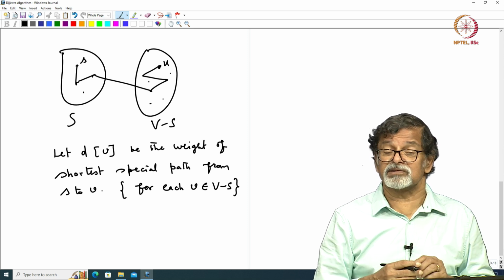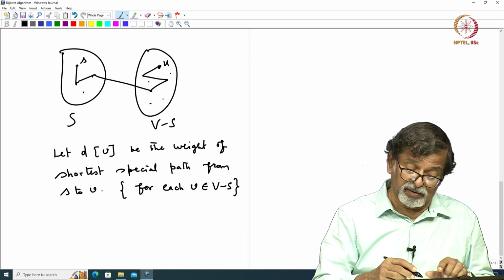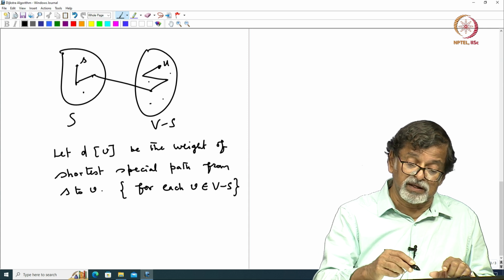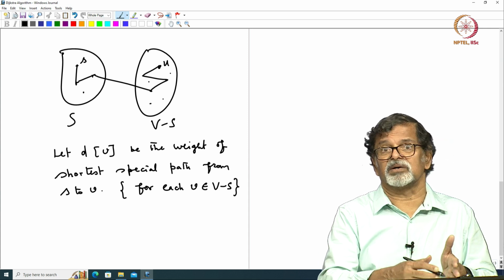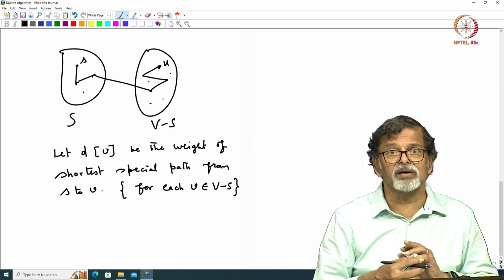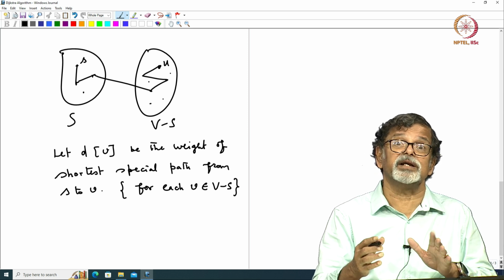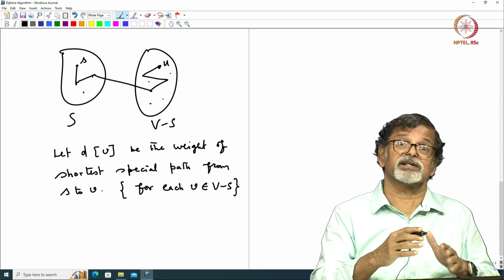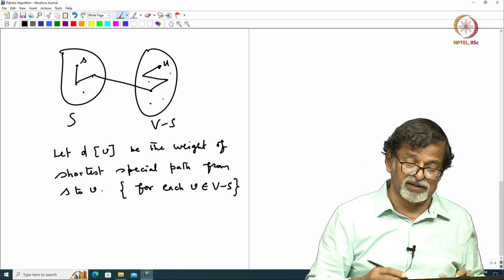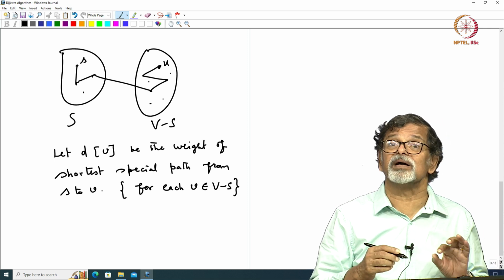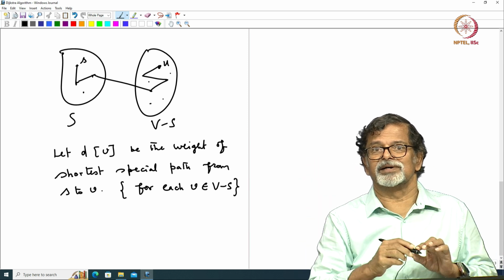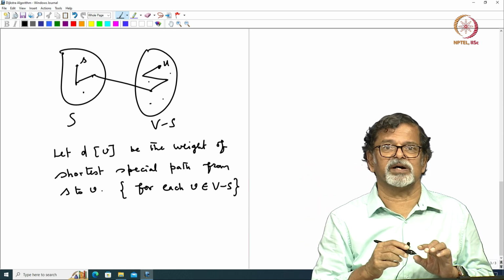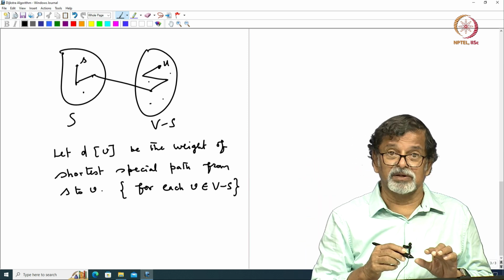And not only this, for every V, if there is a shortest special path, I also maintain the previous vertex in S for V, because the special path will pass through vertices in S and then it comes to V minus S.